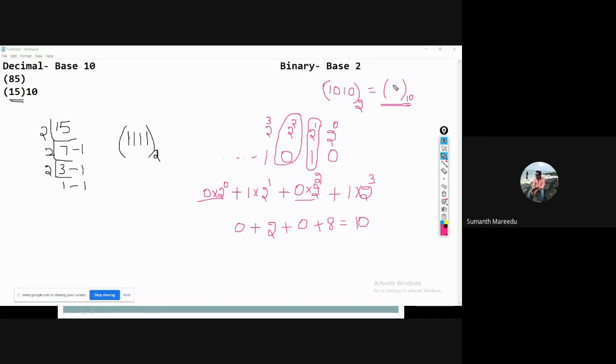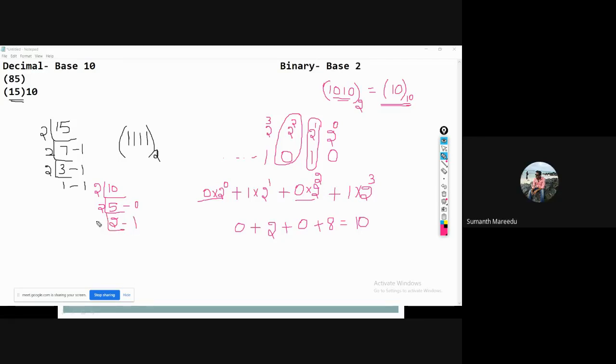So for the decimal number 10, the binary equivalent is this one, 1010. You can take 10 and convert it into binary also. 5 times, remainder 0. 2 times, remainder 1.